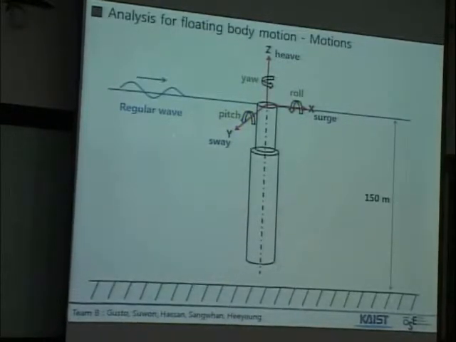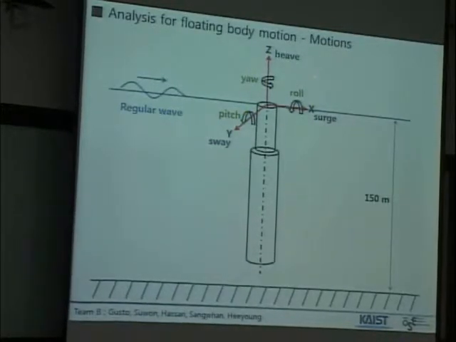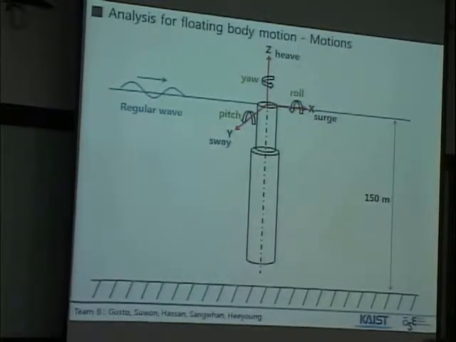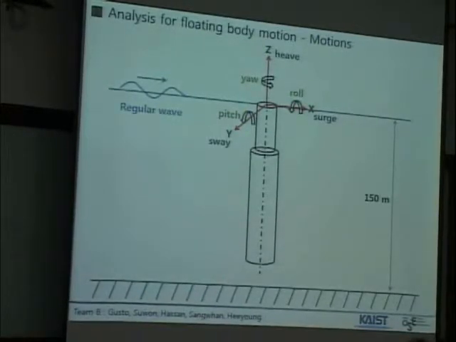The regular wave generates the incident, diffraction and radiation waves against this structure, as the structure moves in 6 modes of motion. Surge, sway, heave are the translations, and roll, pitch, yaw are the rotational motions of this structure. And we assumed that the water depth is 150.